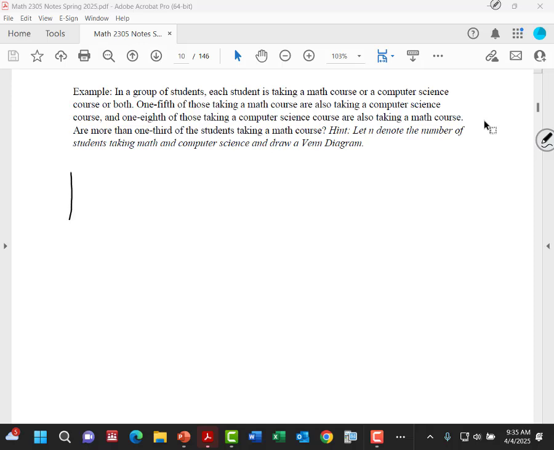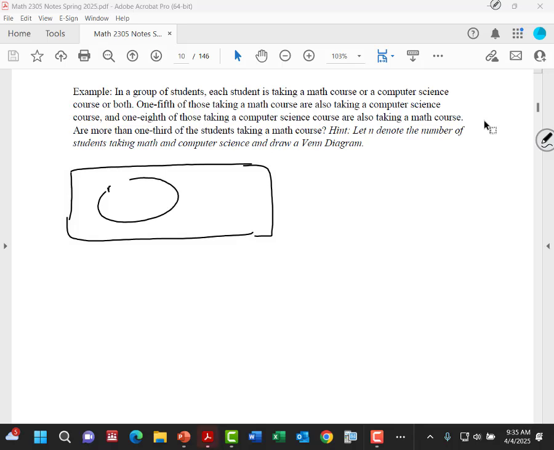So if I draw a rough Venn diagram, I have math right here. I'll just call this other set C for computer science. And I'm going to let n denote the number of students taking math and computer science. So this n right here is the intersection.